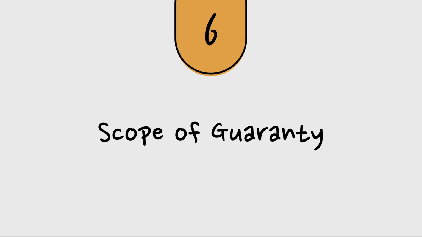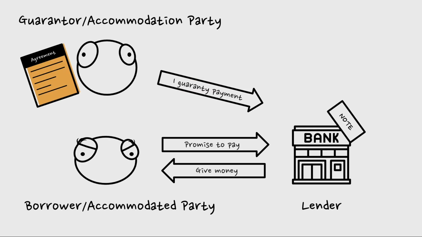One thing that is common, I referenced this near the beginning, is that sometimes instead of just having the party sign the instrument itself, they will have the guarantor enter into a guarantee agreement that lays out all the waivers and all the rights and obligations of the accommodation party, the guarantor of that transaction.